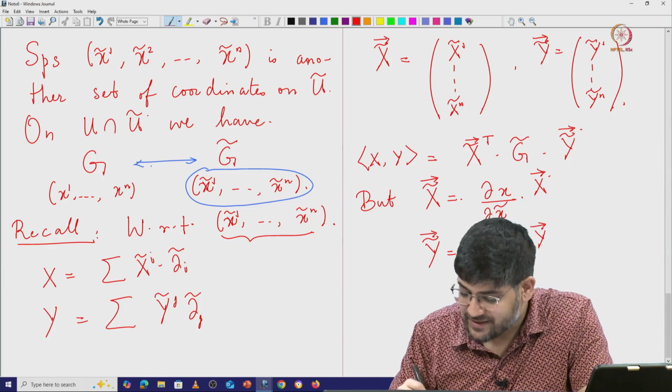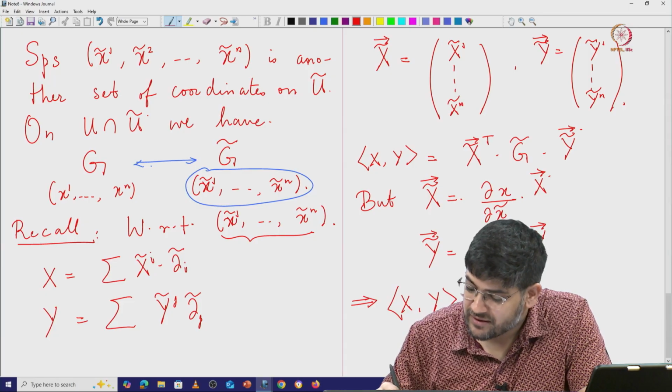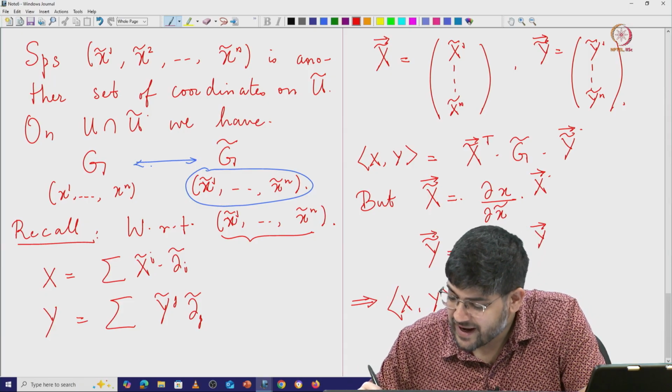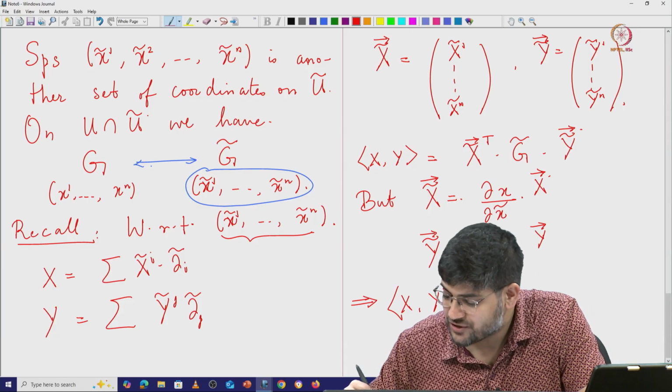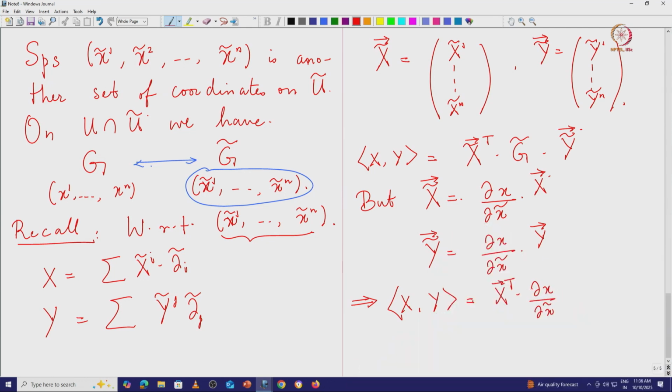So if you plug these in, you get that <X, Y> is x transpose, (∂x/∂x̃) transpose, times G̃ times (∂x/∂x̃) times y.